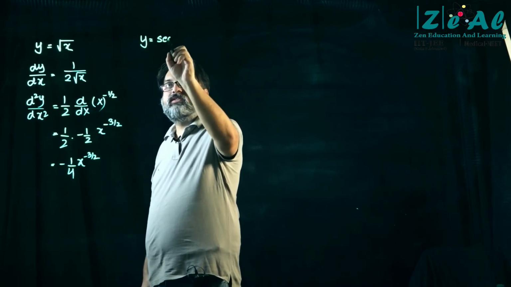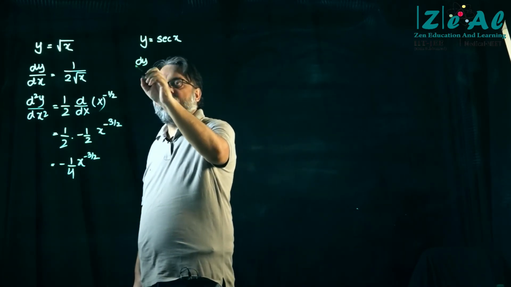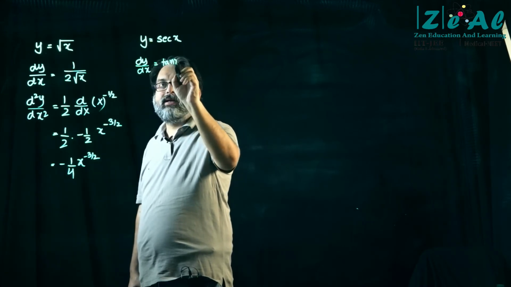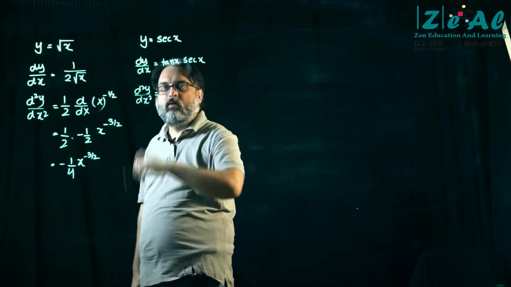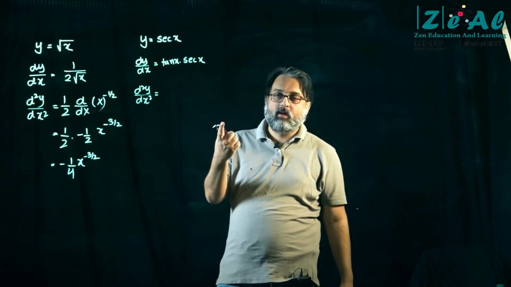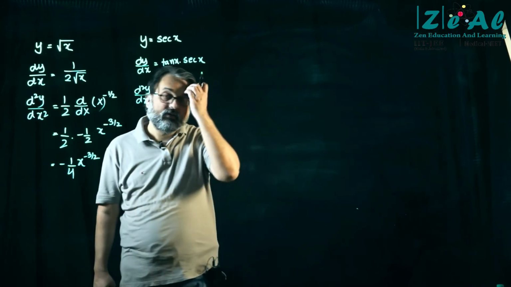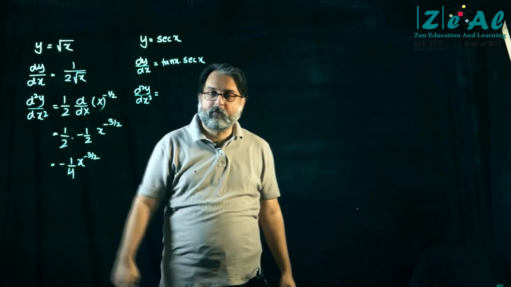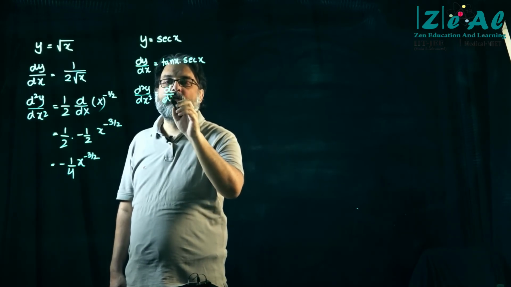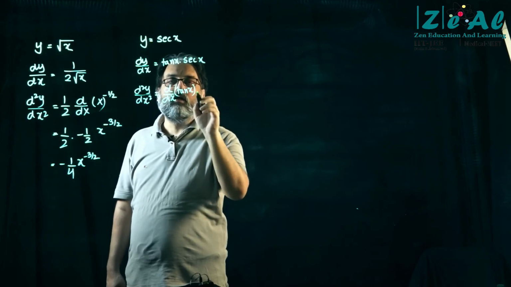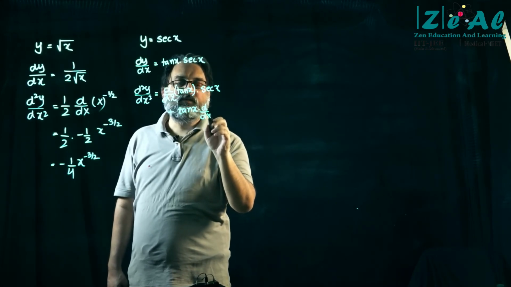y is equal to sec x, dy by dx is equal to tan x into sec x, d2y by dx square will be equal to, अब मुझे प्रोडक्ट रूल लगाना पड़ेगा. सो इसमें आएगा डिफरेंशिएट द फर्स्ट फंक्शन, लीव द सेकेंड अलोन, प्लस लीव द फर्स्ट फंक्शन एंड डिफरेंशिएट द सेकेंड फंक्शन.